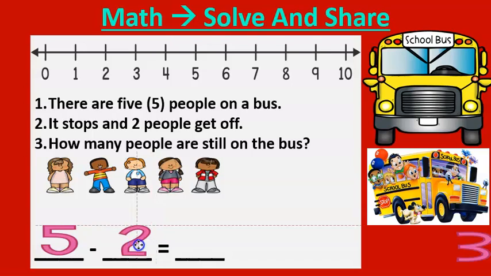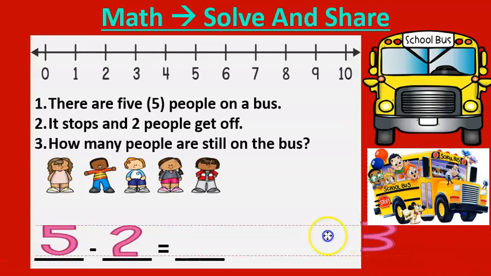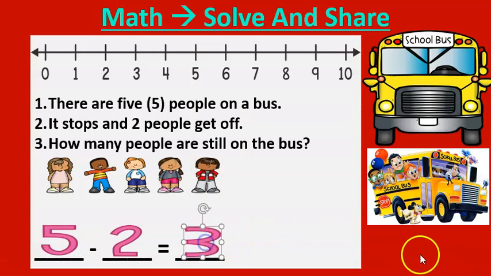So 2 is going to come here now into your subtraction equation. So we have here, boys and girls, 5 minus 2 equals, and what was our answer that we landed on? 3. So our answer here is going to be 3. And boys and girls, we just completed our first subtraction equation.